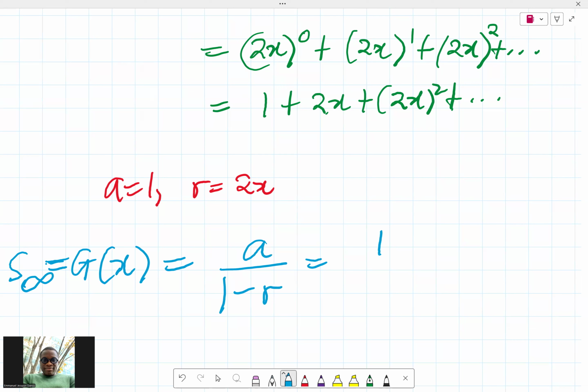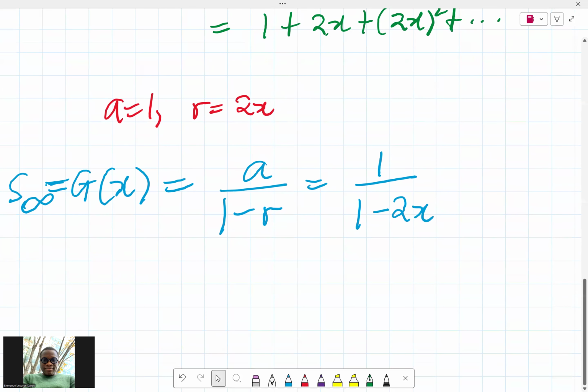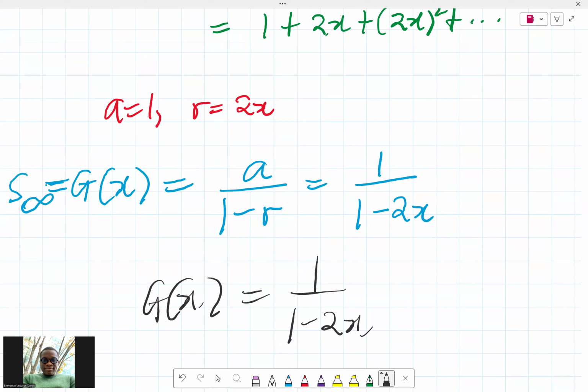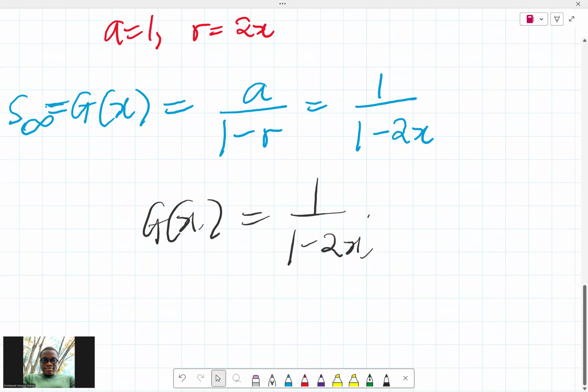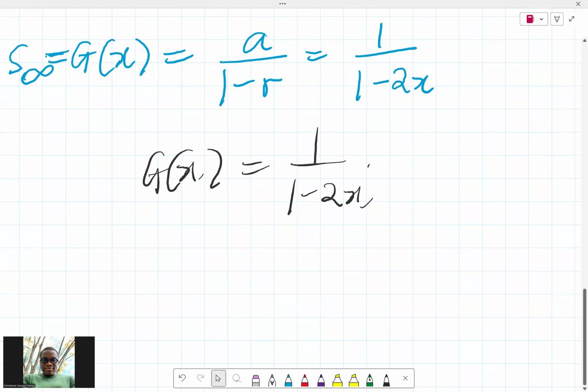The first term is 1, all over 1 minus the common ratio 2x. So we can express G of x as 1 over 1 minus 2x. That's exactly what we have. So that's what G of x becomes.